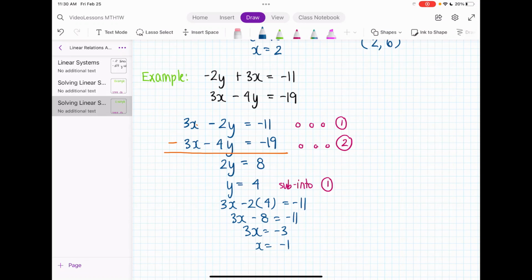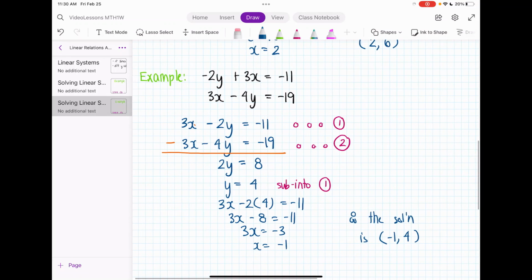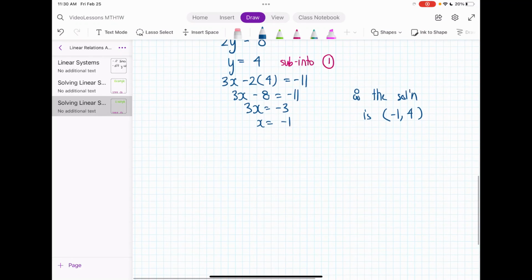So x equals negative 1. Therefore, the solution is, and then remember x always comes first in a point, negative 1 and 4.